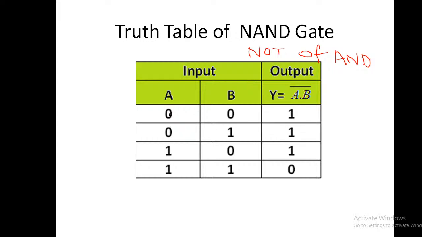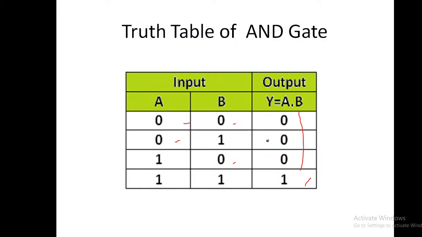So what is the product of AB? 0 0 will give you 0, and if you pass that 0 through the NOT gate, you will get 1, right? Going to the previous slide just for the sake of example, in case of the AND gate, the first 3 were zeros and the last one was 1.